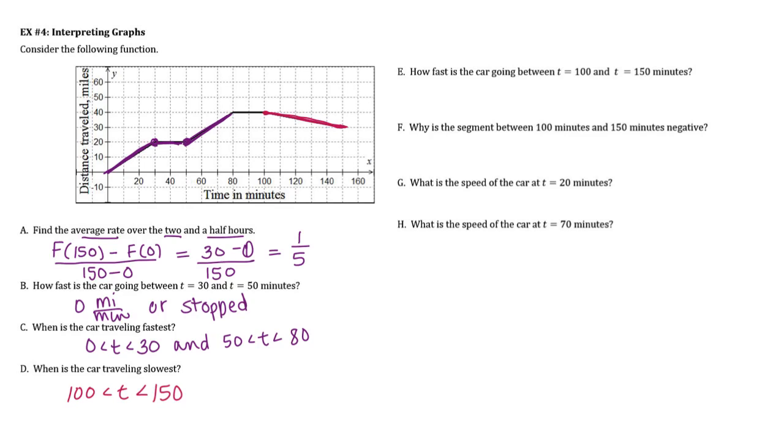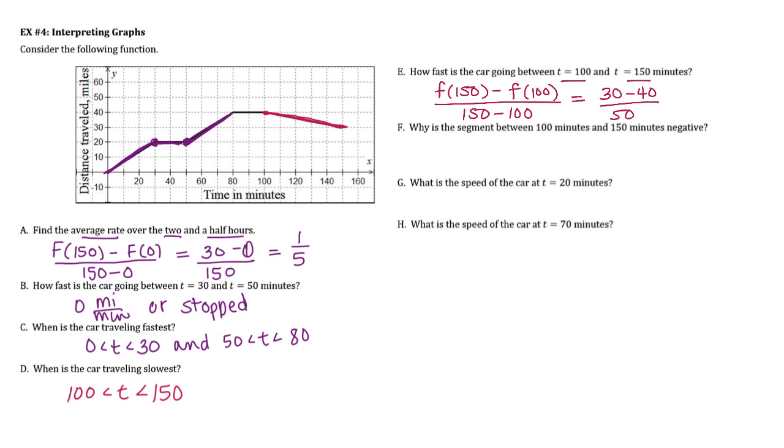Okay, so for the next part, we are asked how fast is the car going between t equals 100 and t equals 150. So let's look. We have f at 150 minus f at 100, and that's over 150 minus 100. And so that looks like it's going to be 30 minus 40 over 50.